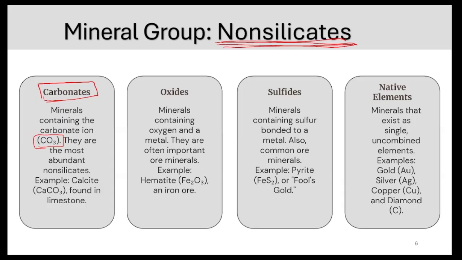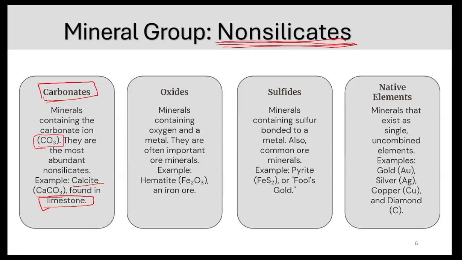And a very good example of carbonates is calcite, CaCO3, which is found in limestone, and this limestone is what is used in making the cement we use for structures.